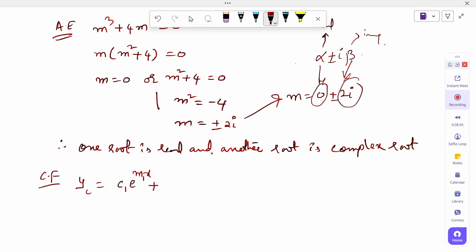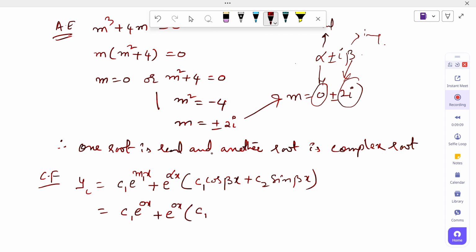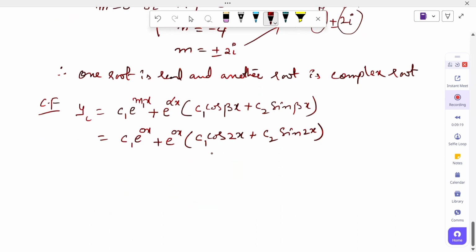For the complex case you write e to the power of alpha x into (c1 cos beta x plus c2 sine beta x), which is equal to c1 e to the power of 0 into x plus e to the power of 0 into x (c1 cos 2x plus c2 sine 2x).